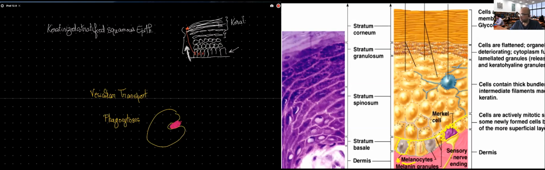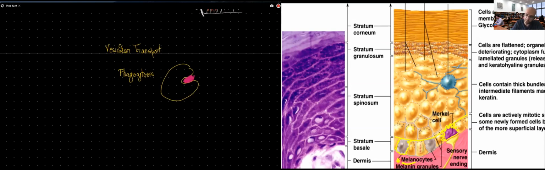This is phagocytosis. And located in your tissues, we have cells that carry on the function of defending your tissues from bacterial cells. Those are called the macrophages. Phago is to eat, and macro means large.